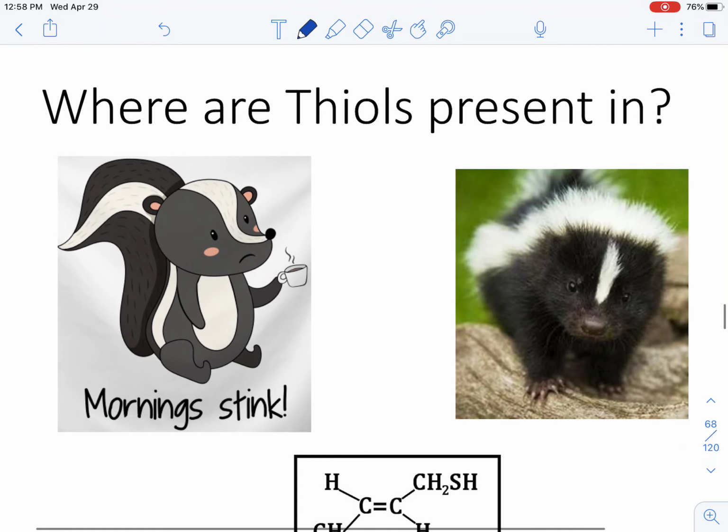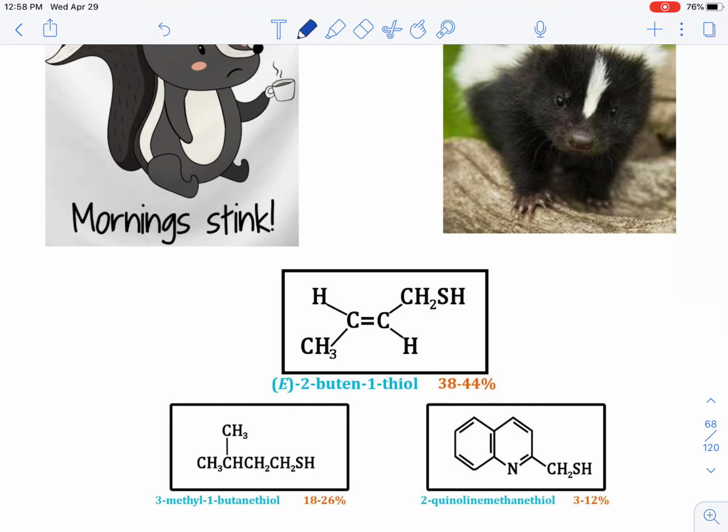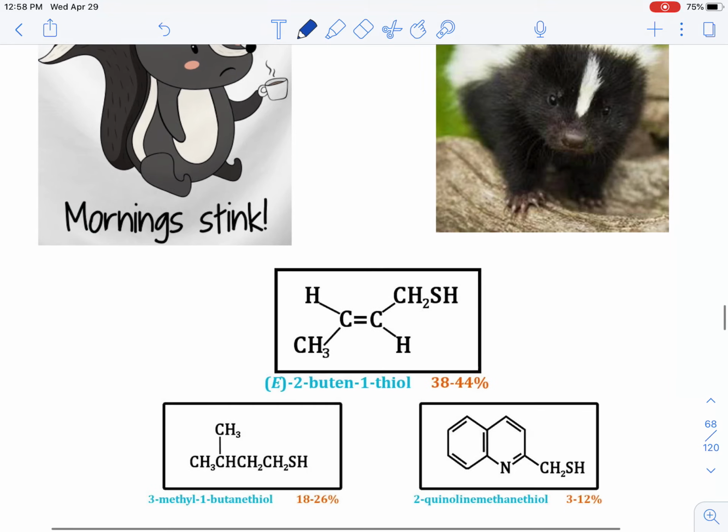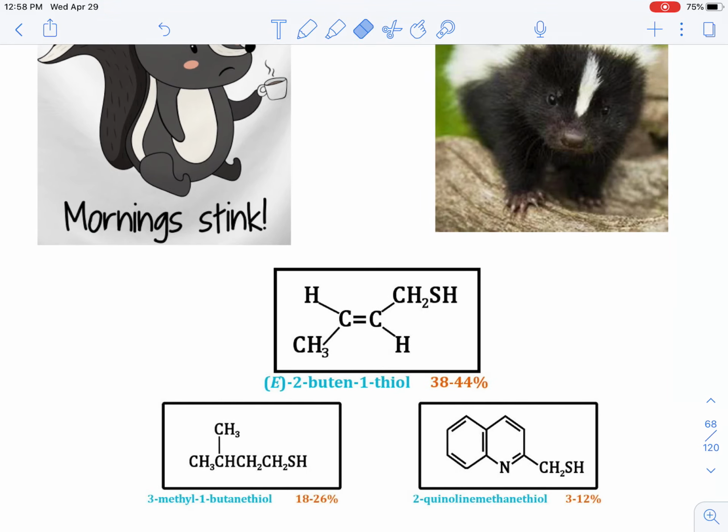When you're analyzing these organic compounds that attribute to that really foul odor that we would associate to skunks, it's coming from a combination of 3 different sulfhydryl groups or 3 different thiols.